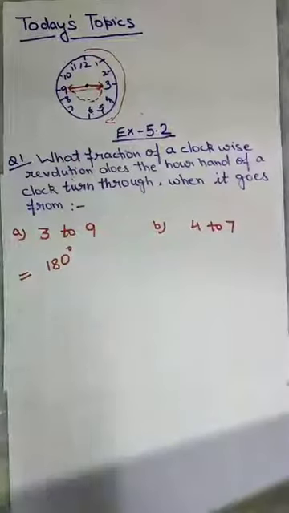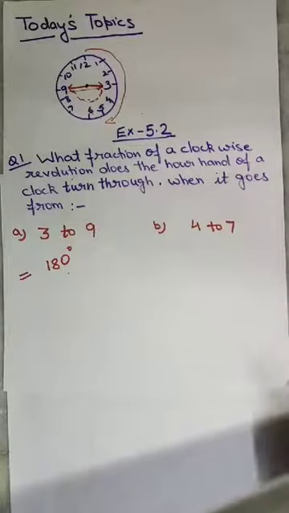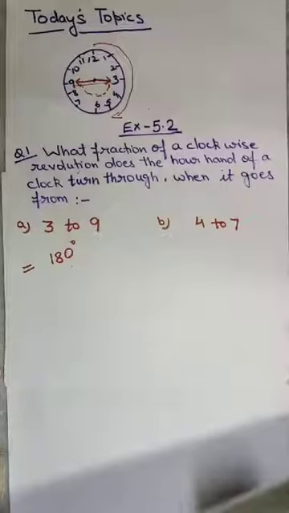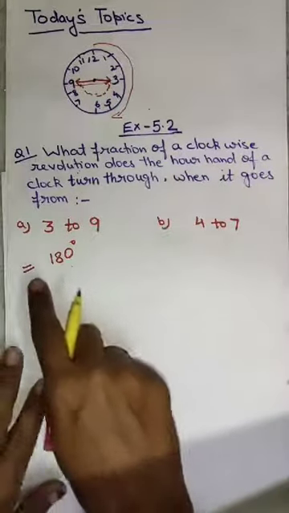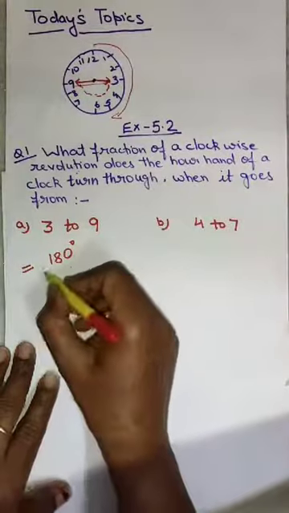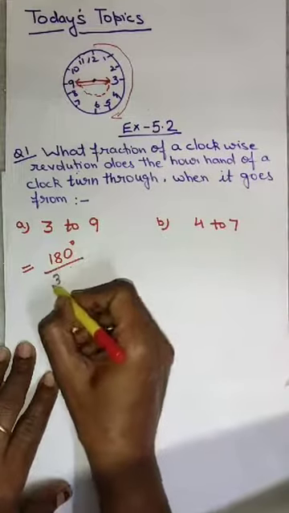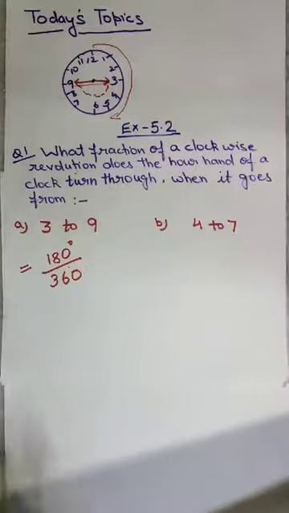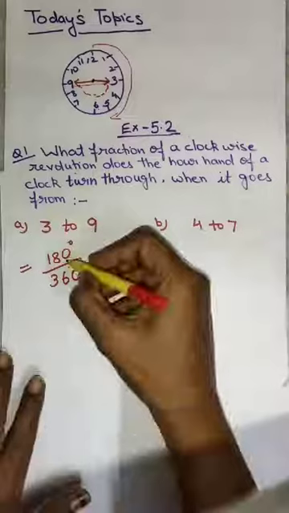But if it takes one complete round, that is a complete revolution, and you all know that a complete revolution is of 360 degrees. That is a complete angle. So 180 degrees divided by 360 degrees, the angle of one complete round.